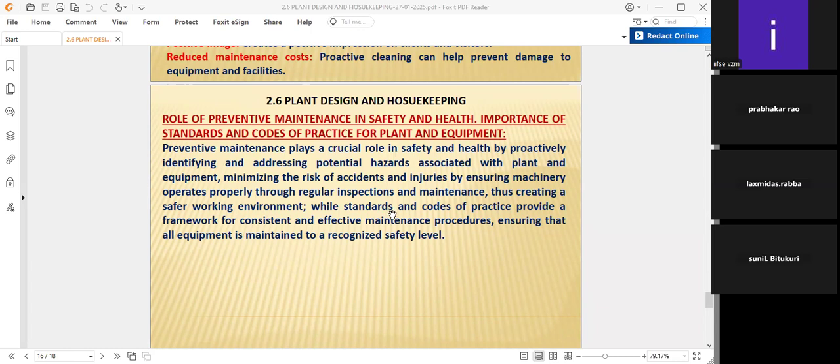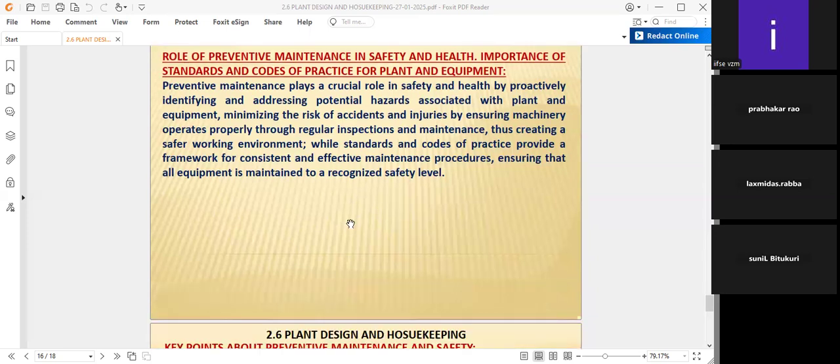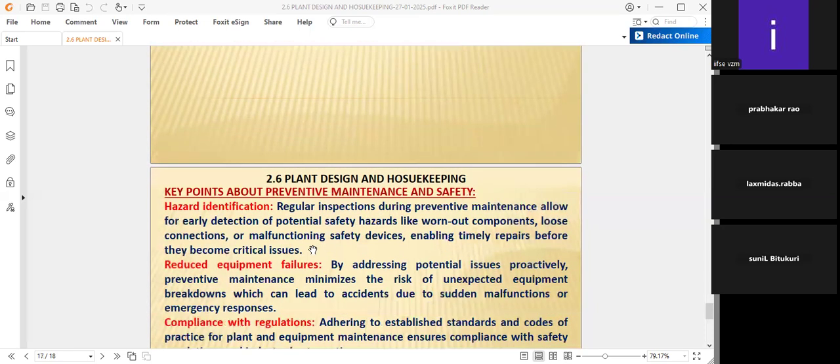Codes of practice mean things like dress code, punching machines, or attendance system, depending upon the organizational culture. Consistent, effective maintenance procedures make sure that all equipment is maintained to a recognizably safe level. That's important. Ultimately, preventive maintenance needs a disciplined schedule.